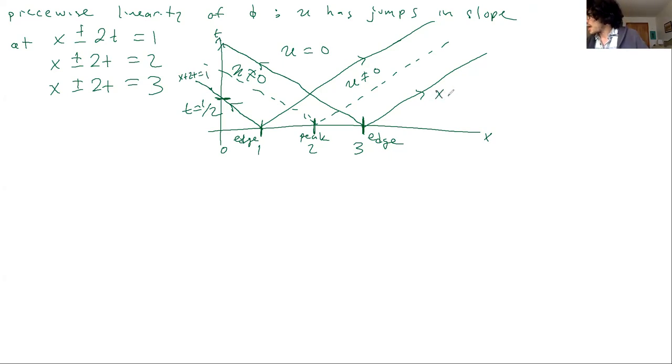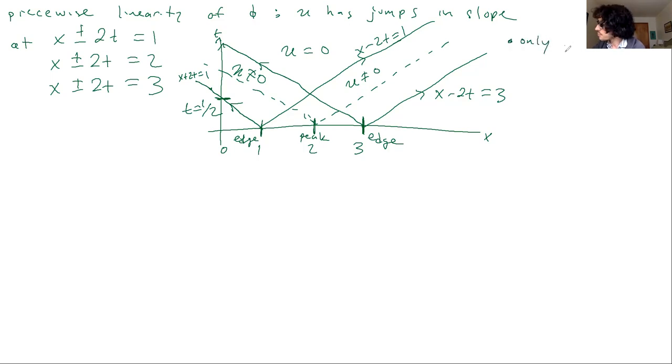This is the line x minus 2t equals 3, right? This is the line x minus 2t equals 1, and so on, right? So you can draw in all your representative characteristics, okay? And as we're saying here, only this region in between these prominent characteristics.